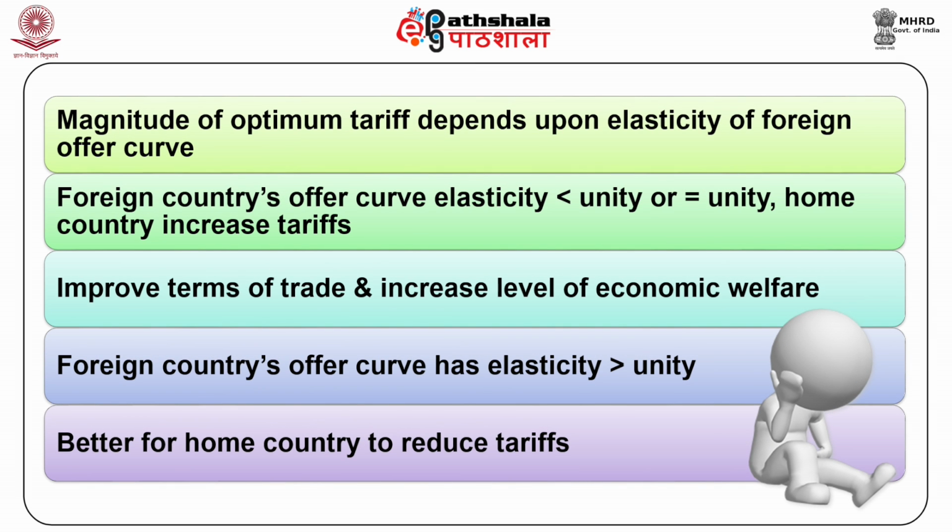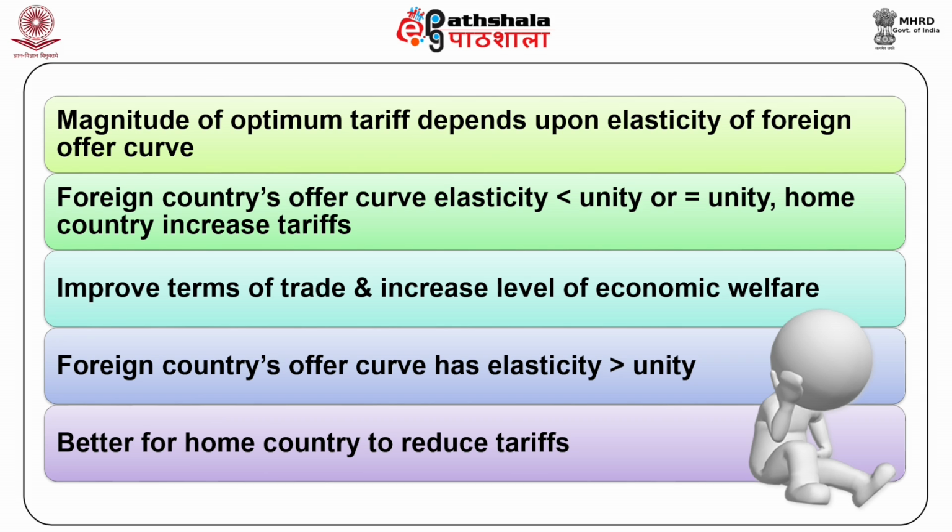The magnitude of the optimum tariff depends upon the elasticity of the foreign offer curve. As long as the foreign country's offer curve elasticity is less than unity or equal to unity, the home country can impose or increase tariffs and thus can improve its terms of trade and increase its level of economic welfare.